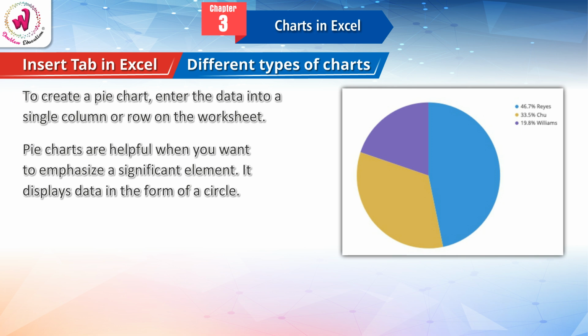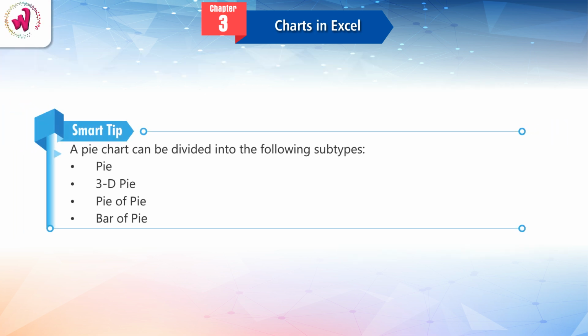Pie charts are helpful when you want to emphasize a significant element. It displays data in the form of a circle. Smart tip. A pie chart can be divided into the following subtypes: pie, 3D pie, pie of pie, bar of pie.